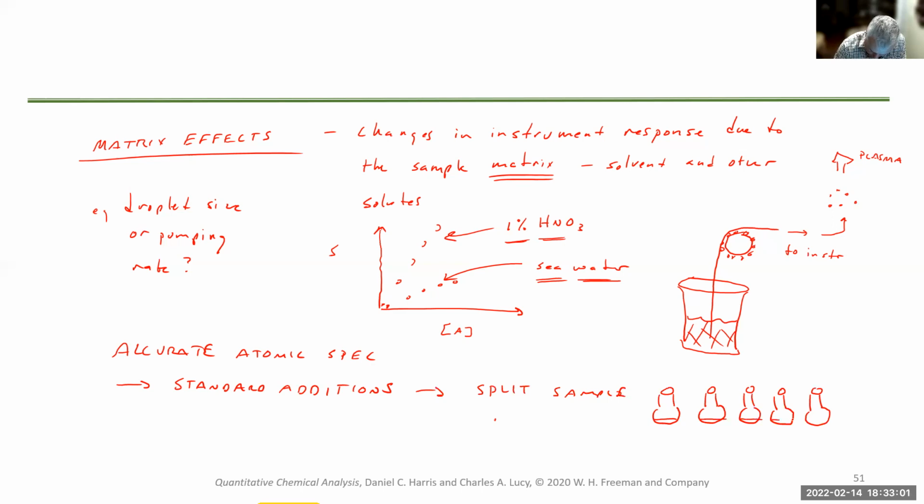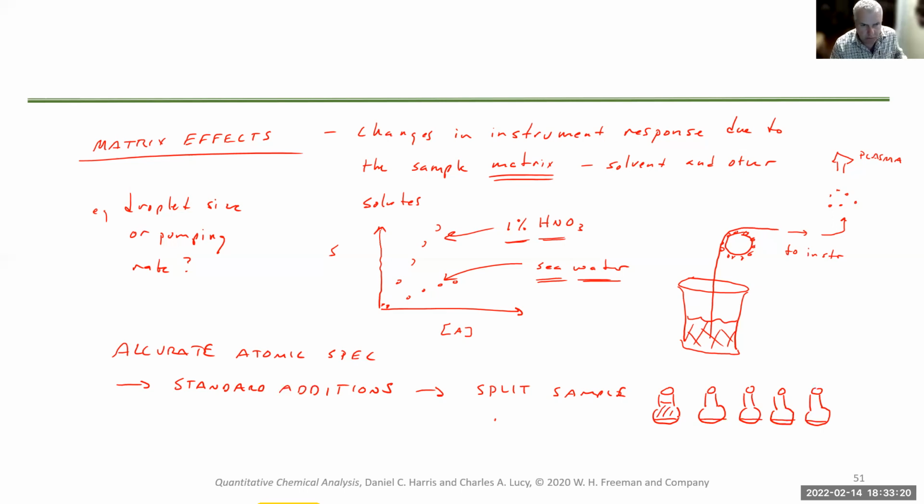Put the same amount into each one, right? And then this one, you simply dilute to mark with some matrix that is favorable to your analyte.